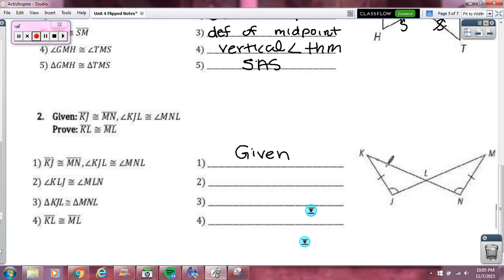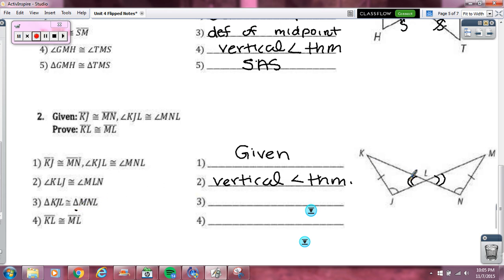Angle KLJ is the same size as angle MLN. The reason those two are the same is, as before, the vertical angle theorem. And now I'm diving in and proving triangles congruent, so I'm going to use one of my big five postulates.